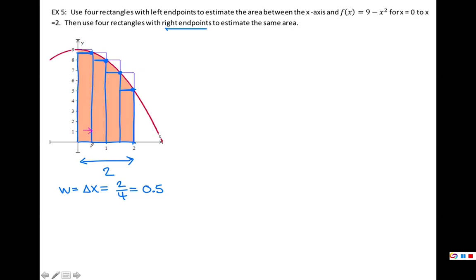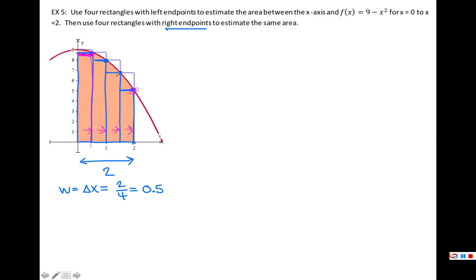So for this first rectangle, the right side is at 0.5. And so I go up until I hit the curve, and then I draw the top of my rectangle. So for each of these rectangles, you go to the right side, and where that x value on the right side hits your function, that's how you draw the top of your rectangle.